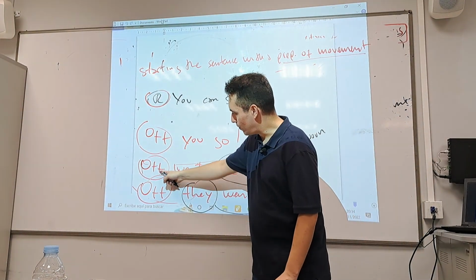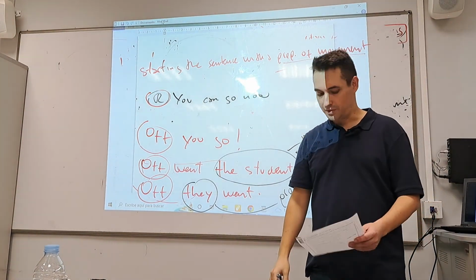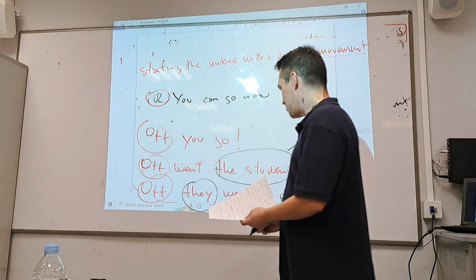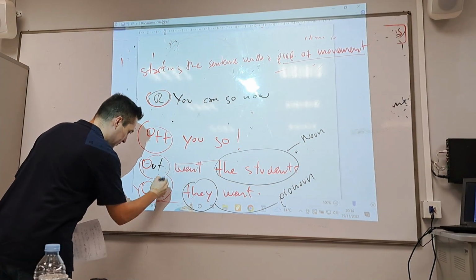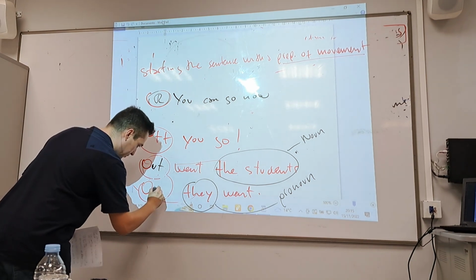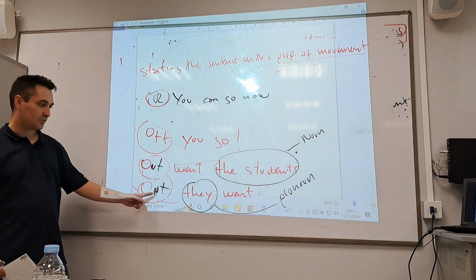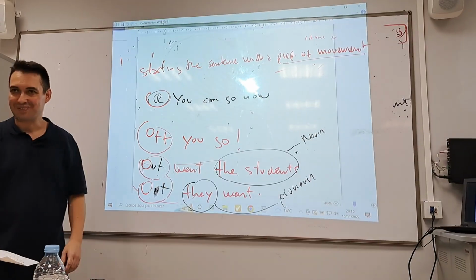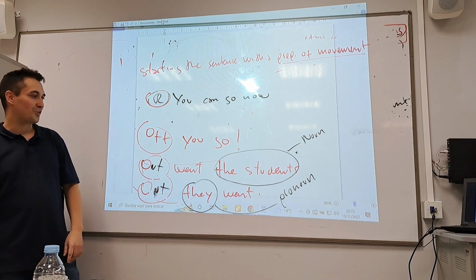But again, off, starting the sentence with a preposition of movement. You can also say "out," another preposition of movement. Out went the students. Out they went. So starting the sentence with a preposition of movement, that is fronting.